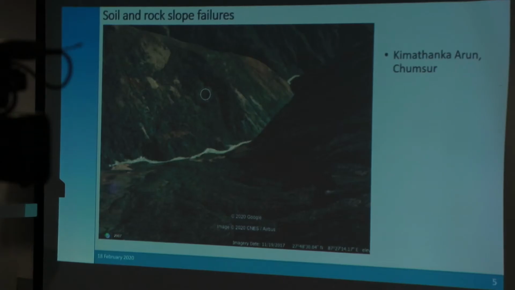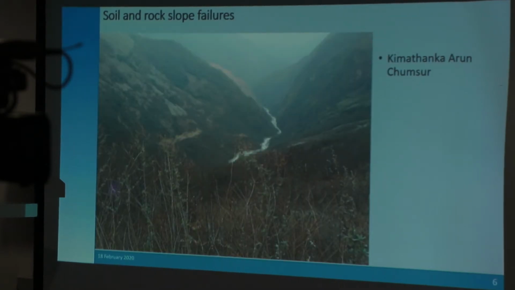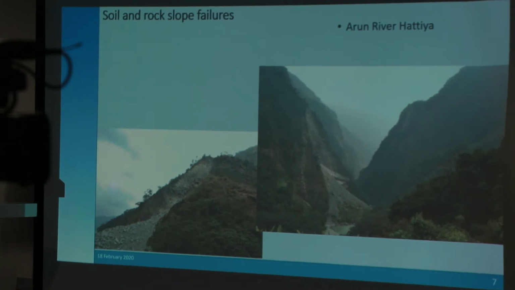After a small landslide again blocked the river, and then when it broke, it washed the dam away after 20 years. This is the photograph where we can see the small terrace on the left bank of the Arun River.